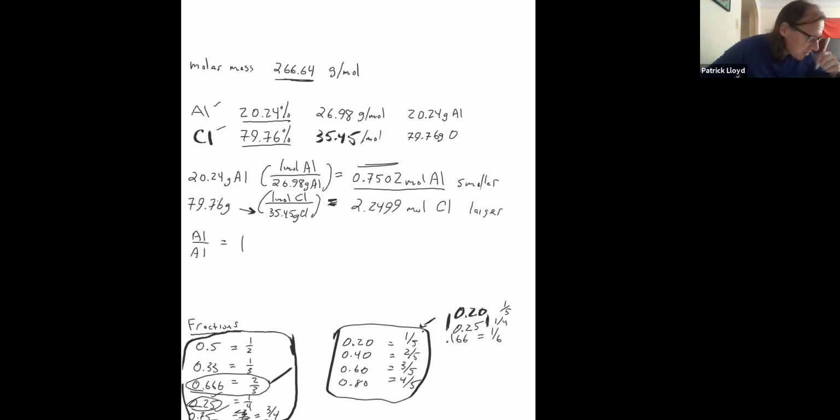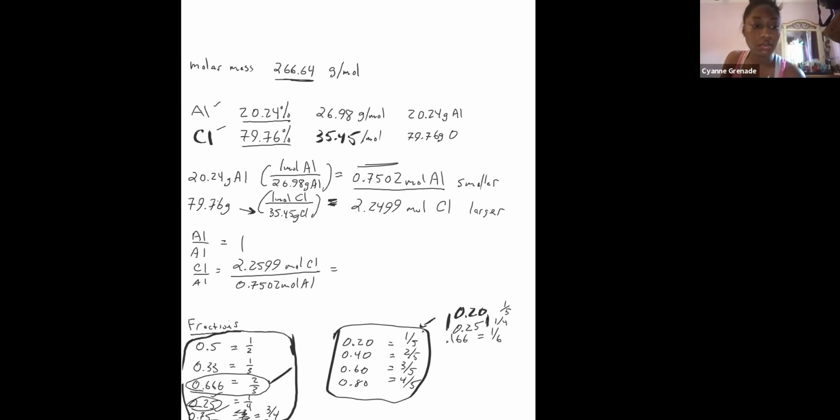The aluminum is smaller. So aluminum over aluminum is 1, chlorine over aluminum. That looks like about 3 to 1. 2.2499, I wrote that number down.